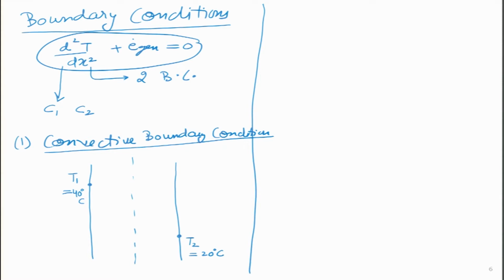I typically pick 40 degrees on this side and then 20 degrees on this side, just for illustration purposes, which means now we will go into the physics behind it, that how is the wall on the left hand side actually having a higher temperature compared to the wall on the right hand side. So, if I am assuming 40 degrees here and 20 degrees here, now we will have to figure out that this is the fluid which is surrounding it on the left side.